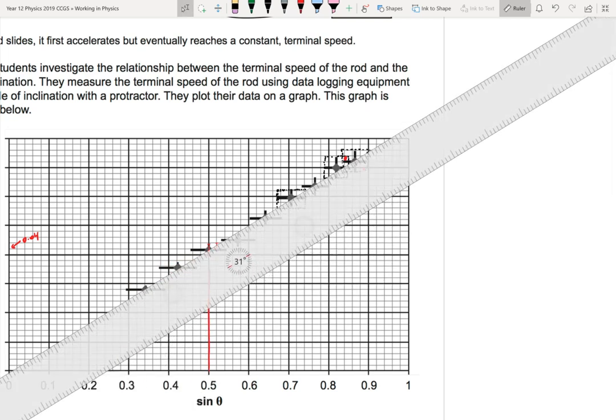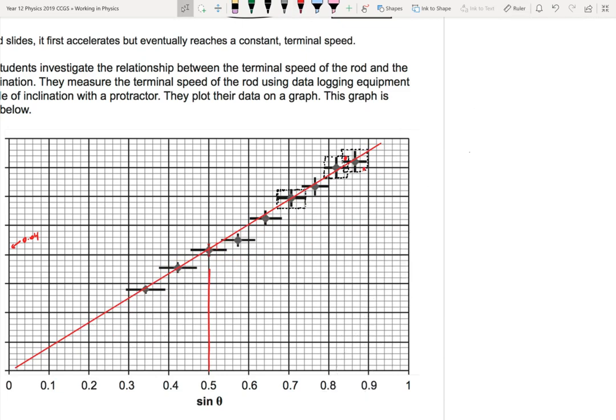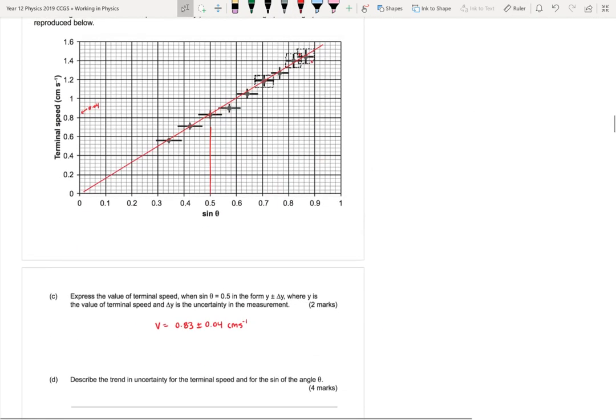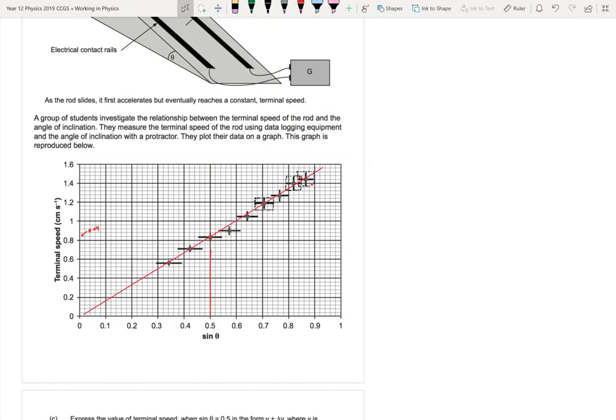Now, drawing your line of best fit, we said this explicitly to the year 11s, that no effort should be made to draw your line of best fit through the origin. Even though the equation on the next page is telling us that there should be no y-intercept, no effort should be made.